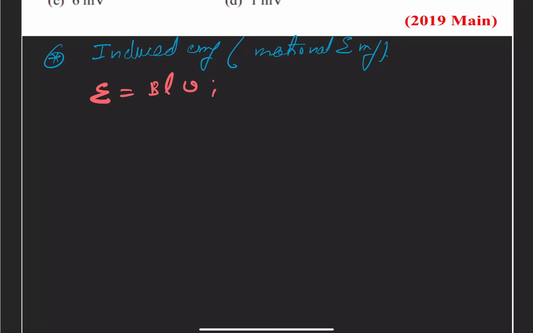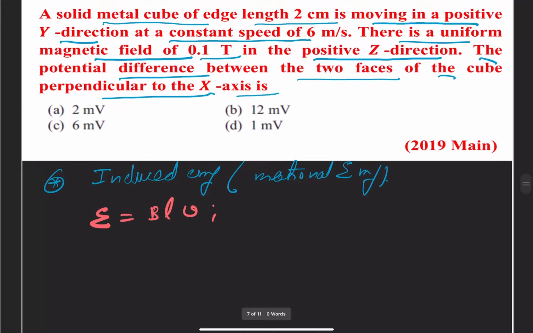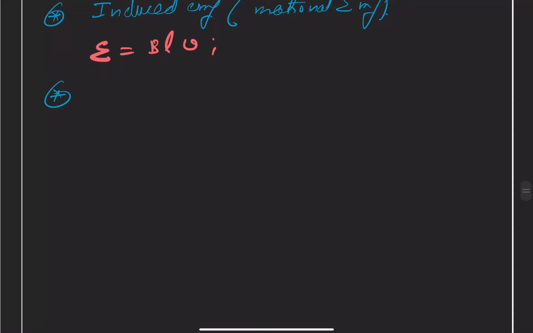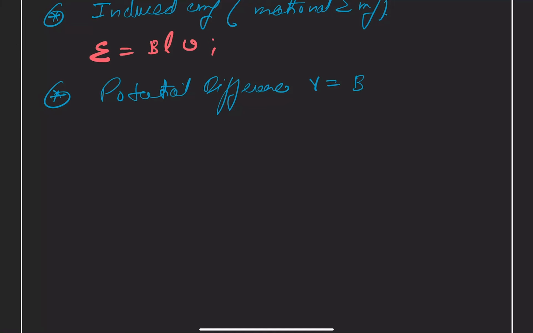And we are supposed to find out the potential difference. So the potential difference, let us suppose given as V, is equal to B times the edge, suppose given as A, so BAV.